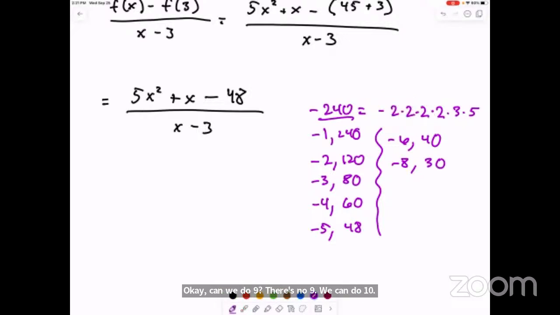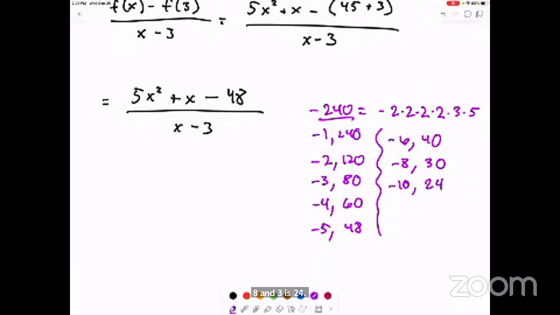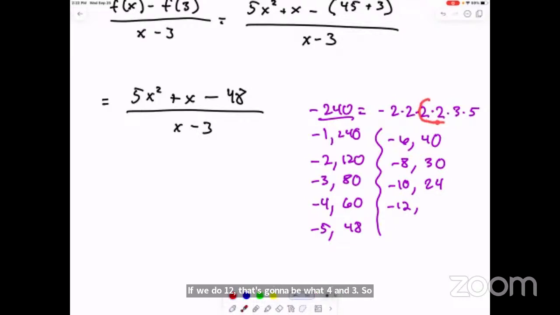If we do 10, that gets rid of this guy along with this guy. 8 and 3 is 24. Okay. We can't do 11. We can do 12. If we do 12, that's going to be 4 and 3, so this is gone, and it looks like we got 20 left over. 12, 13, 14.